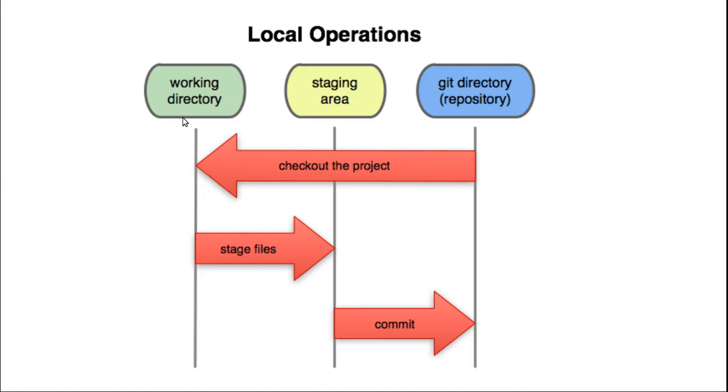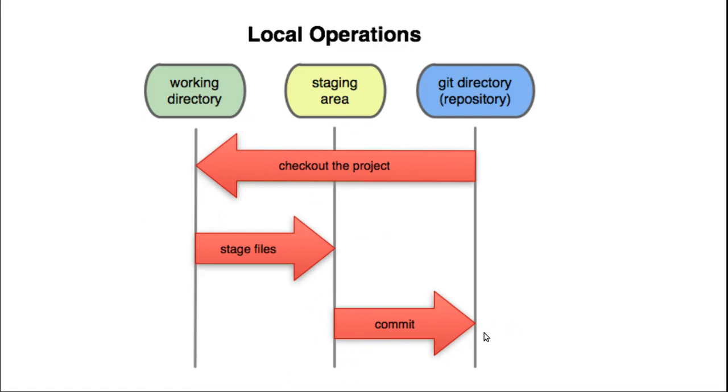Once you have done all kinds of changes, you can stage those changes in another area called the staging area. In the staging area, you haven't saved your files, but you know that these are the files that you're going to save.